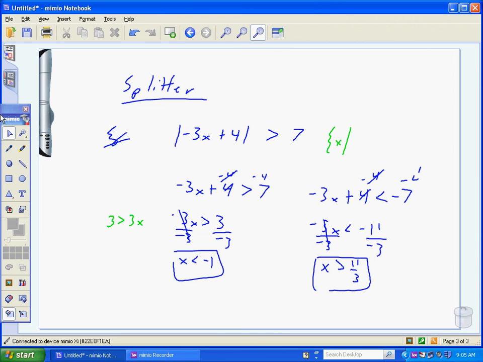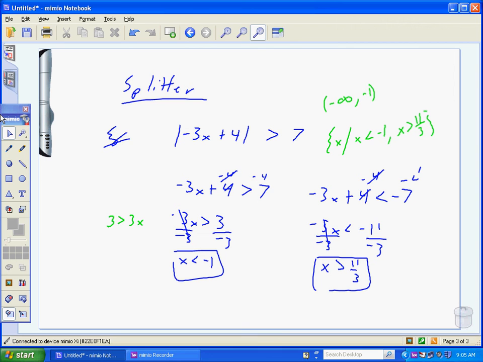Let's go like this. Here's one way we can say x is less than -1, and x is greater than 11/3. So you can write it like that. That's the one way we would write this solution. Or if you left it like that, I'm not going to ding you at this point of the game, right? You guys have seen that 1,000 times now, so go ahead. The other way, what would I do? I would say from -infinity all the way to -1.